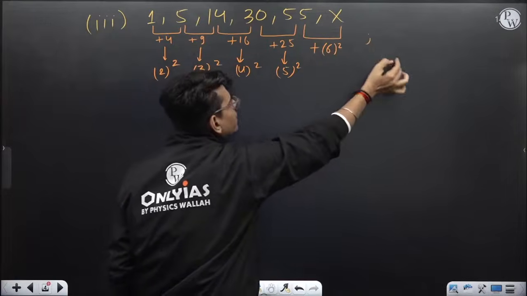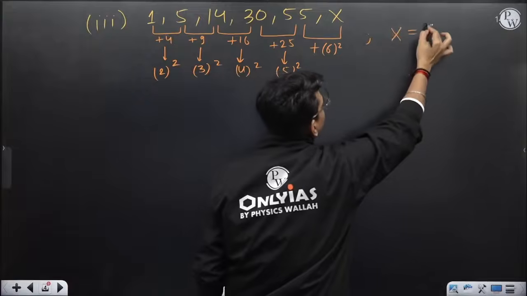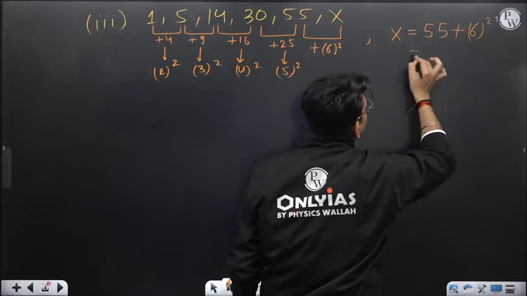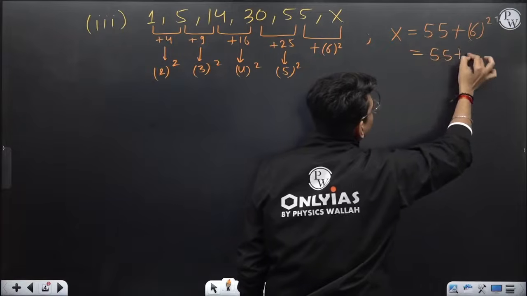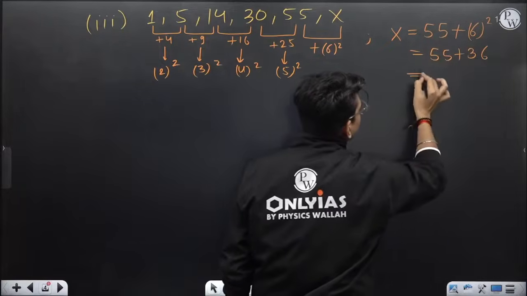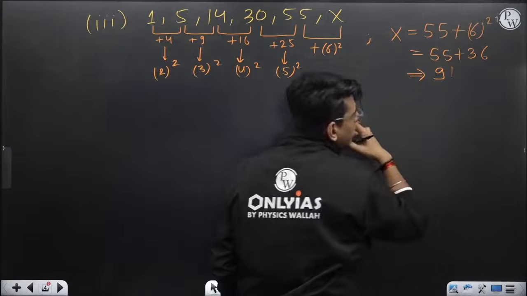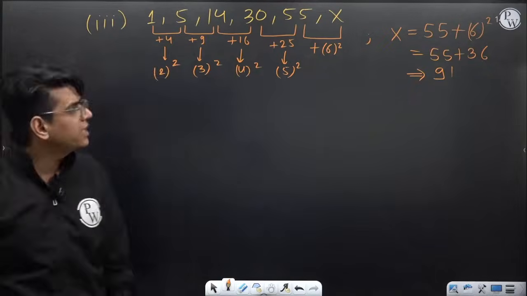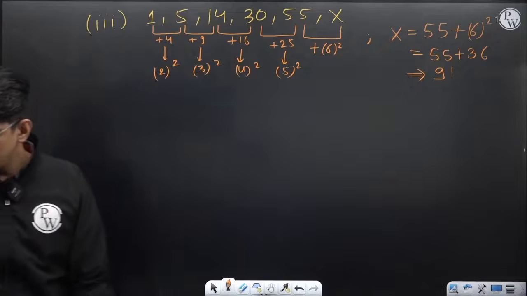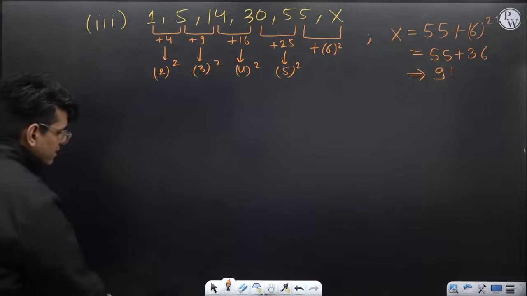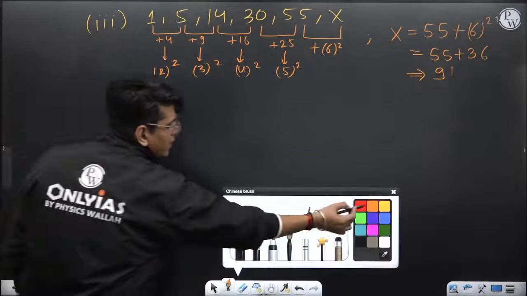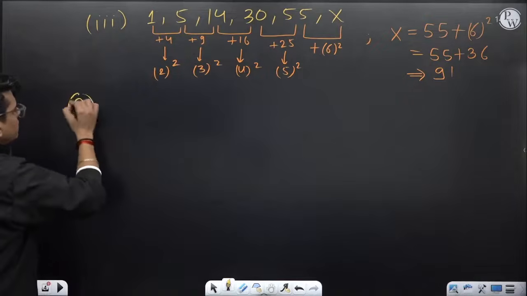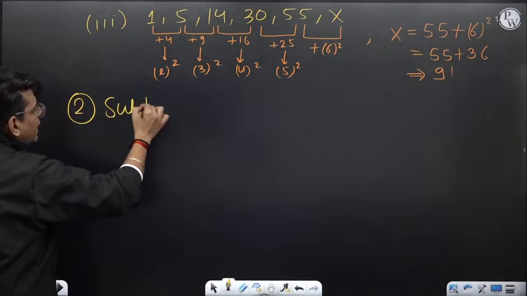So x is 55 plus 6 square, which is 55 plus 36, that is 91. So these are the types of addition series. Now let's look at some examples from subtraction series.